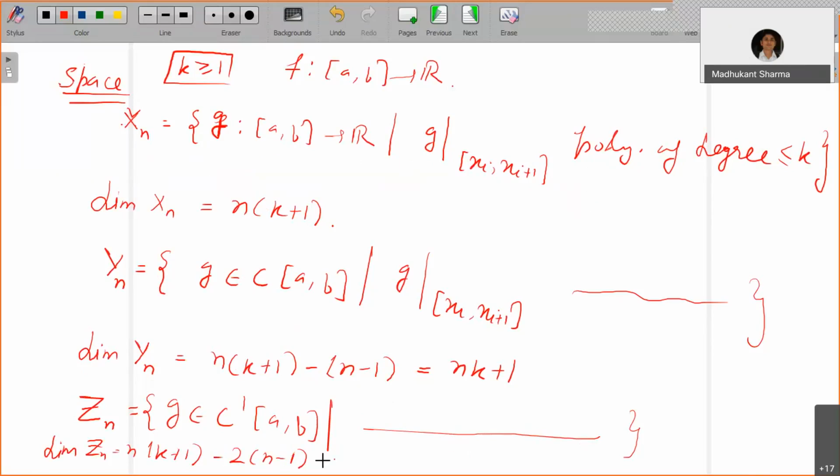This is nk plus n minus 2n plus 2. Similarly, you can go up to Ck: C1, C2 is twice differentiable, C3 is three times continuously differentiable, and so on.